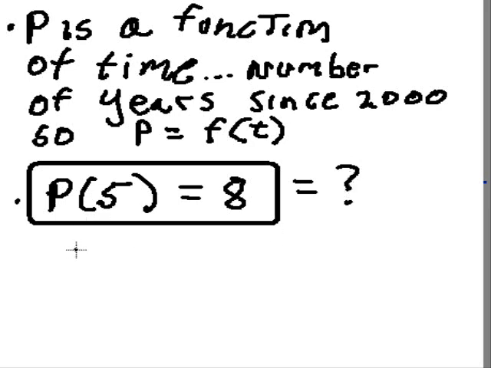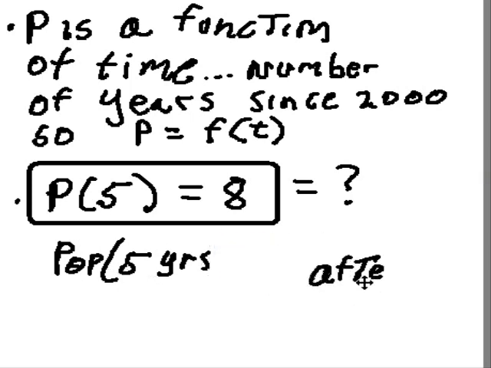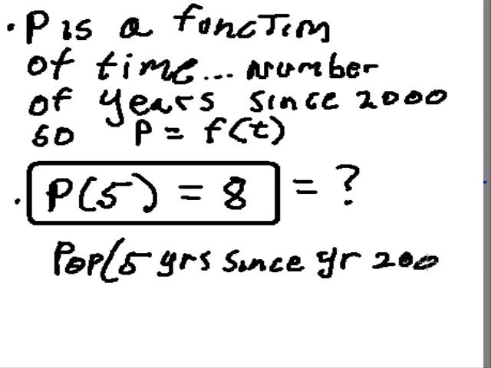Well, P of 5 is the population 5 years since, or starting from, year 2000.